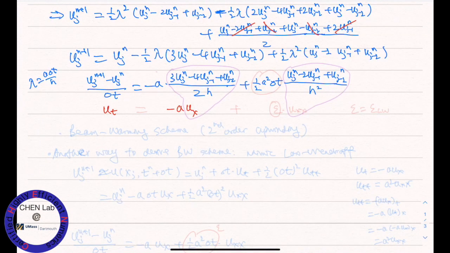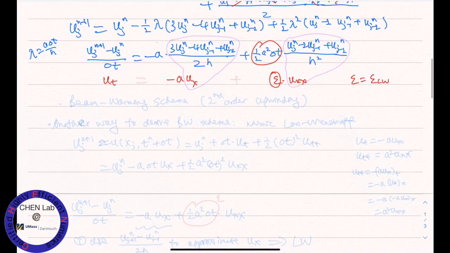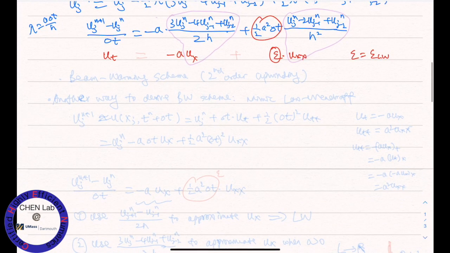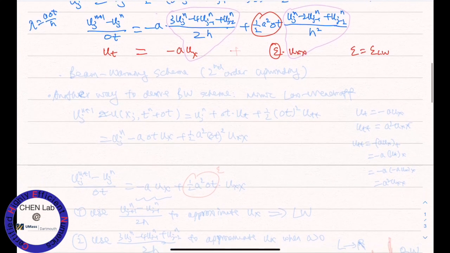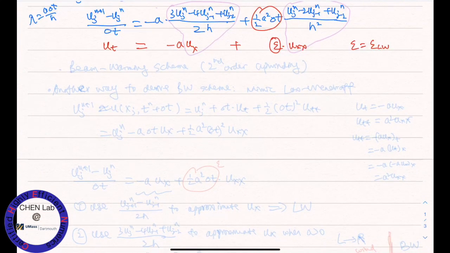And this is just, of course, some epsilon times u_xx, okay? So we go back, that's our epsilon. And if you recall, that's actually equal to epsilon Lax-Wendroff. So that's a modified equation for this particular scheme.